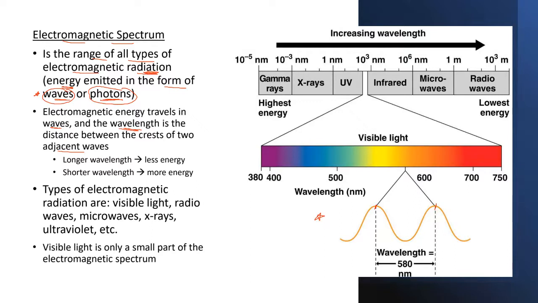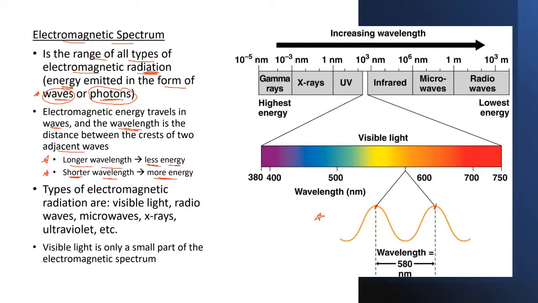Now, why is this important? Because, check this out, the longer the wavelength, the longer the distance between here and here, those waves are going to carry less energy. The shorter waves, in other words the closer here to here, are going to have more energy.